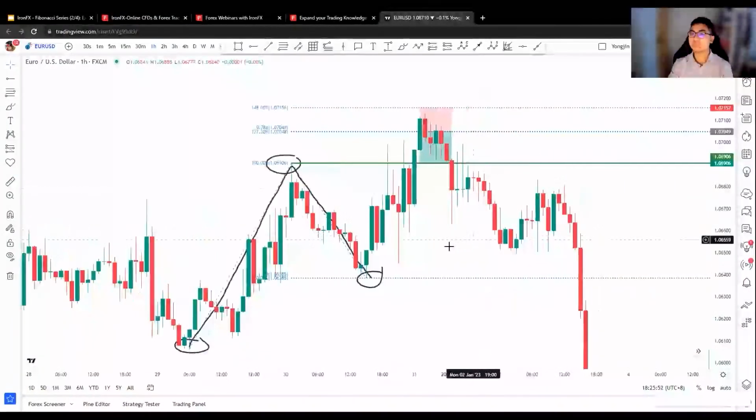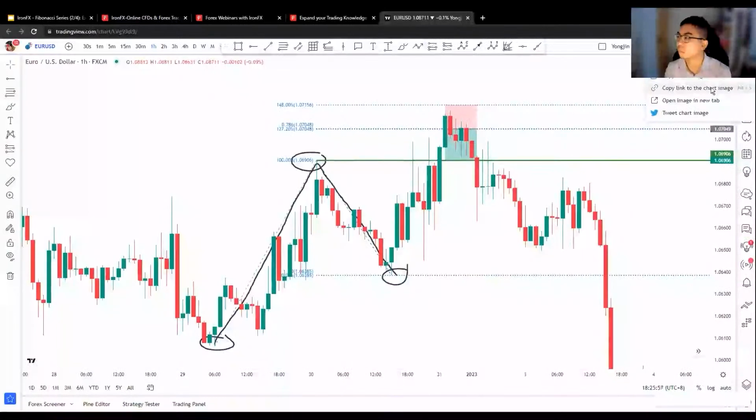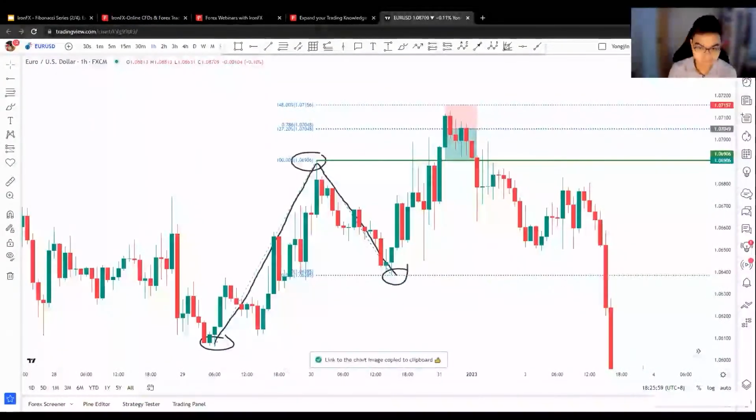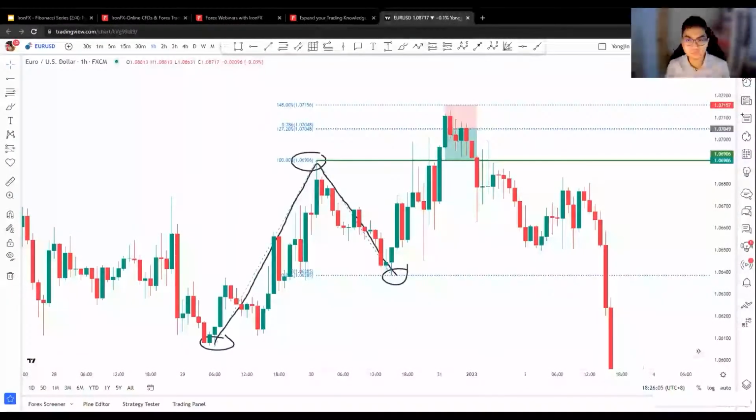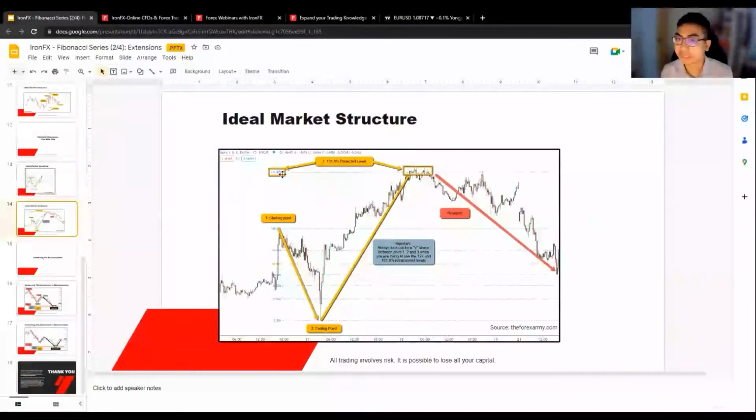So let me just screenshot it down for you guys to take a look. Copy link chart image. You can take your time to look at the forex charts, your market, and find potential setups. Okay, next. Nike tick setup, you notice starting points, reversal.